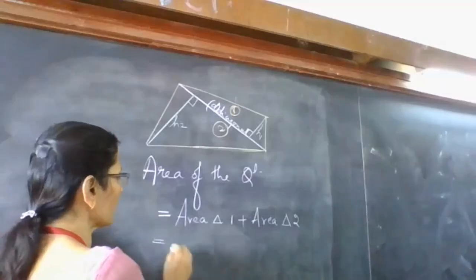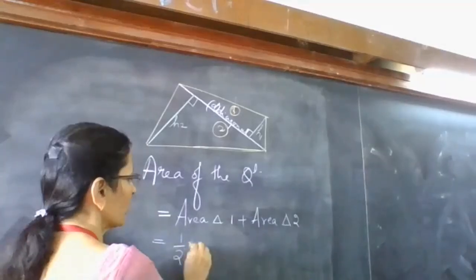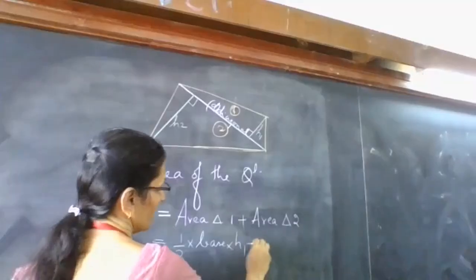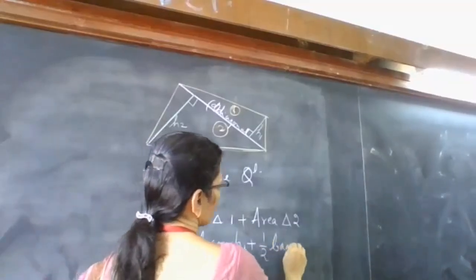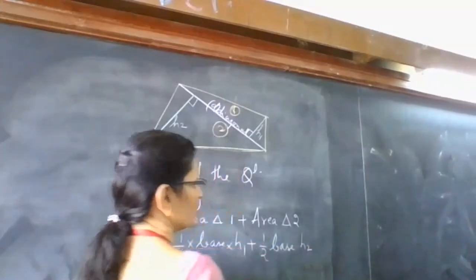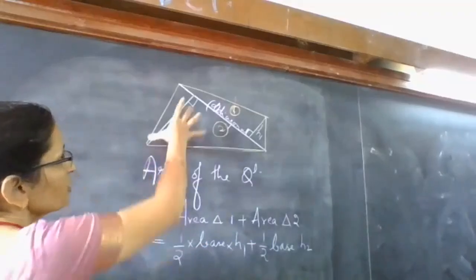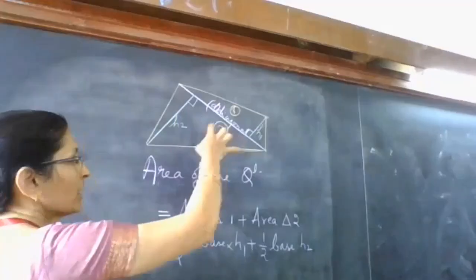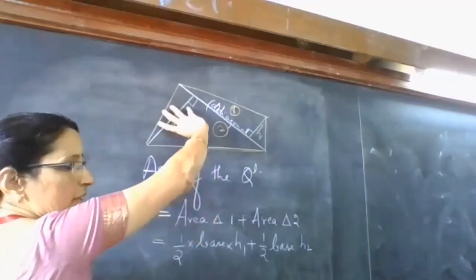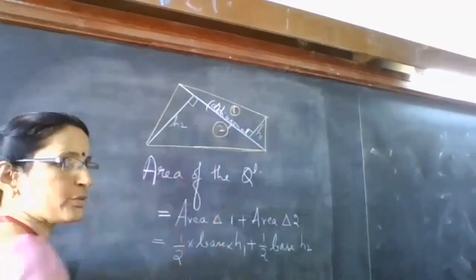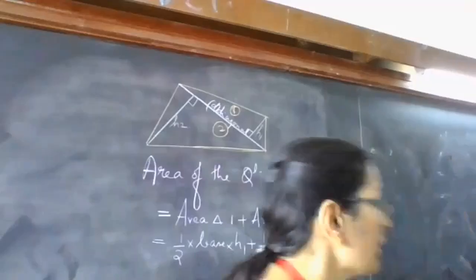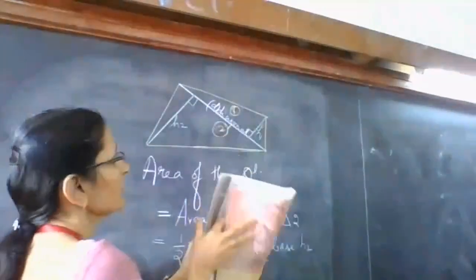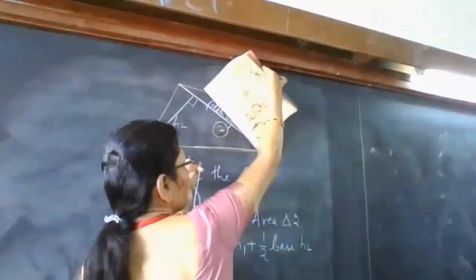So area of triangle 1 is half into base into H1 plus half into base into H2. Here H2 we mark for the bigger triangle. Triangle 2 is this original one, not this full one. Can you visualize that? If I close this first, that part is one triangle, and if this is closed, this is the other.